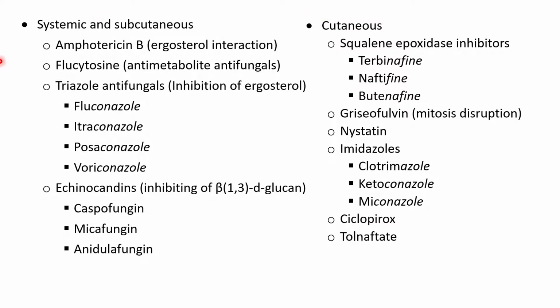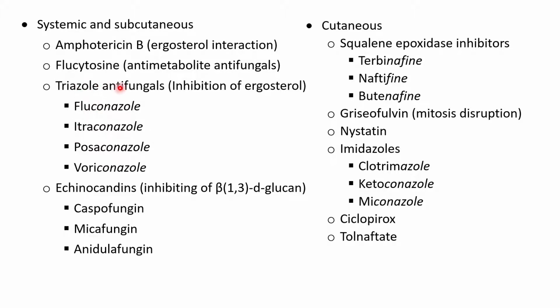And for the systemic, we mostly use those drugs that can be absorbed or can distribute to all tissues of the body, and that includes amphotericin B, flucytosine, and also triazole antifungals.